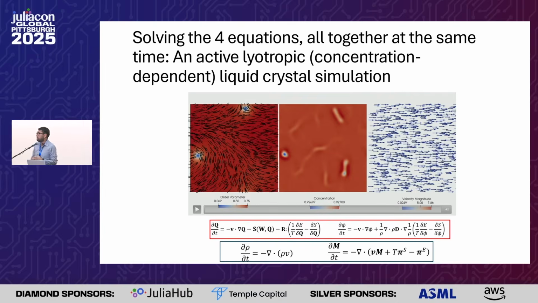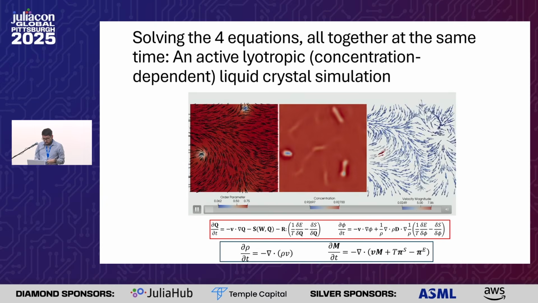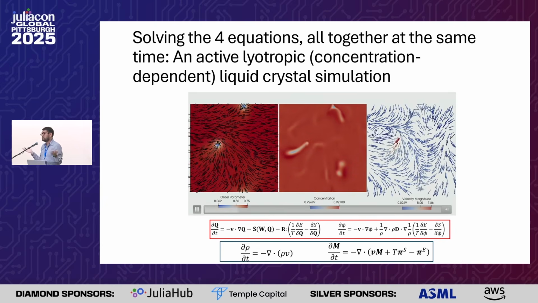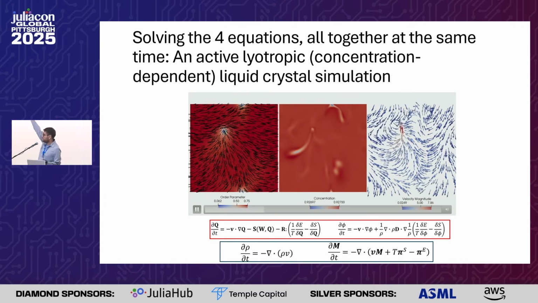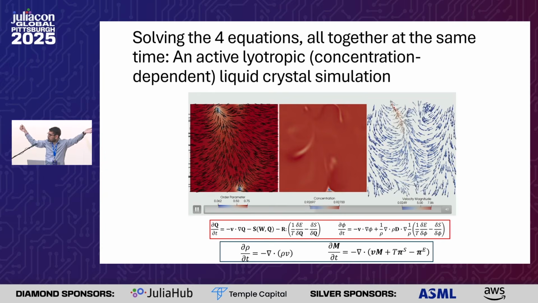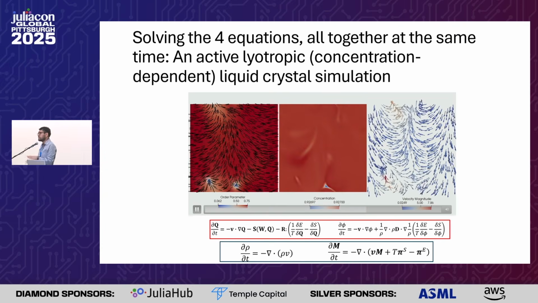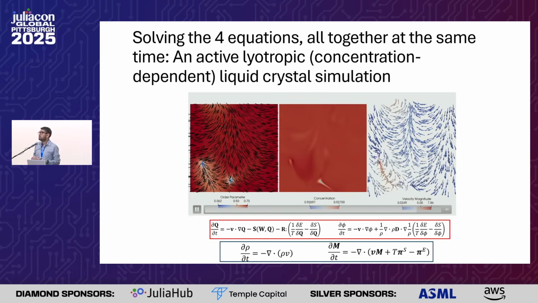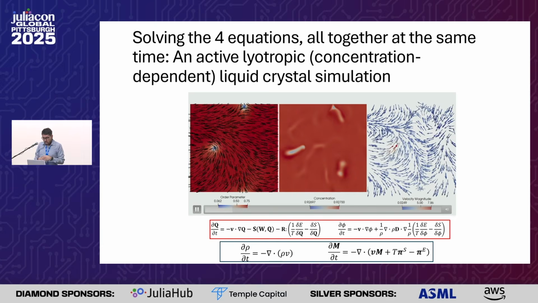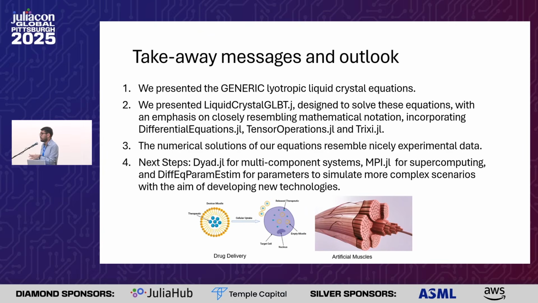Finally, when we couple the four differential equations together, we achieve a numerical simulation that tells us how ordered it is, how much there is, and how fast it goes. To the best of my knowledge, this is the very first active lyotropic, or concentration-dependent, liquid crystal simulation, because as you could see, it was very hard to integrate all the differential equations together. Which is nice because I hope this can be used for later applications.